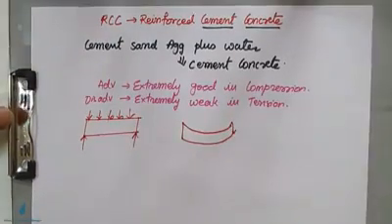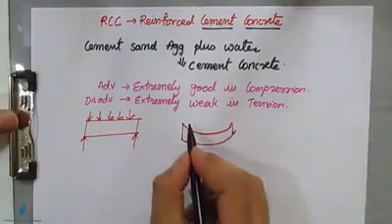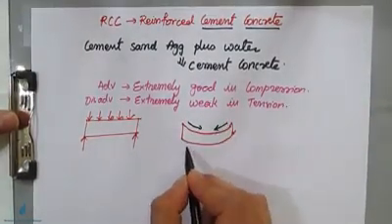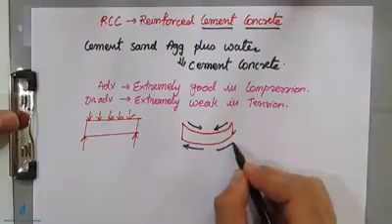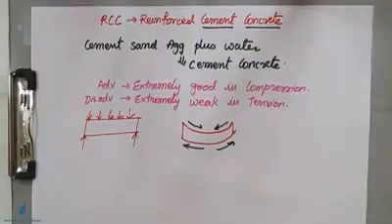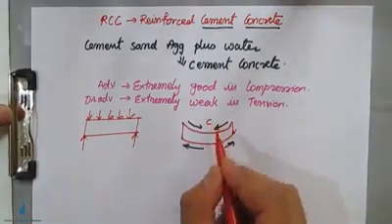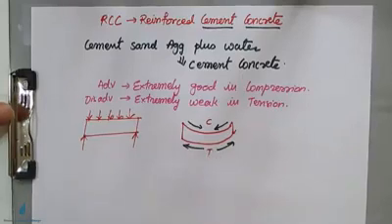So what happens here is that the top fiber will undergo compression and the bottom fibers will undergo tension. So the concept of RCC lies here: the top fiber undergoes compression and the bottom fiber undergoes tension.